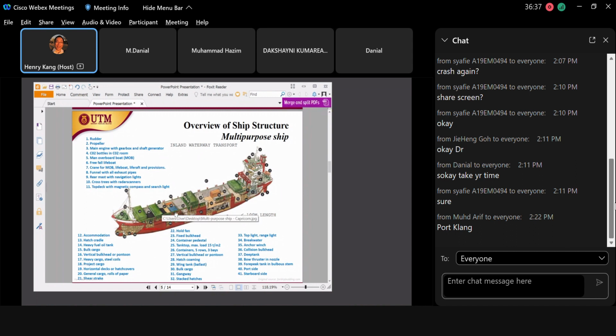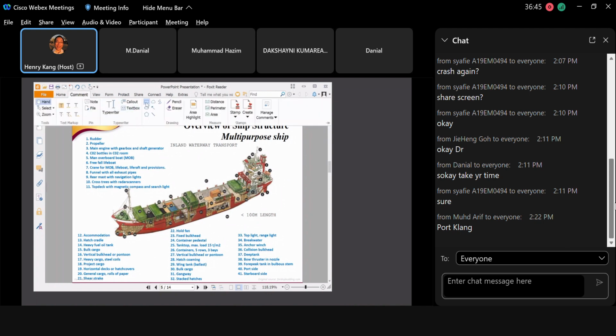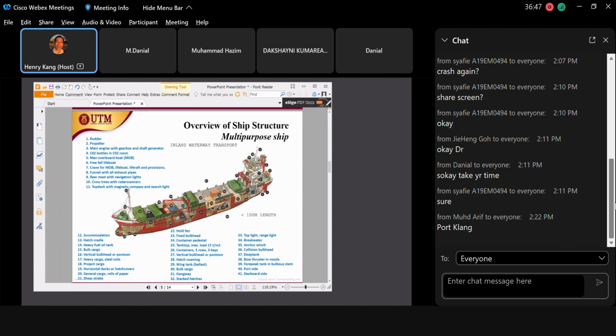In China, they also have very similar ships like this one. The compartment is the space, like this one, used to transport different types of cargoes.